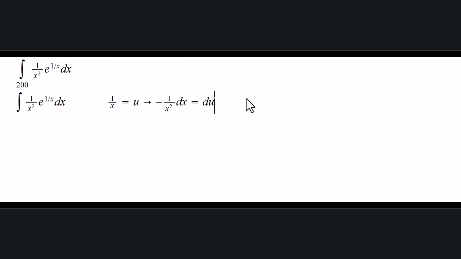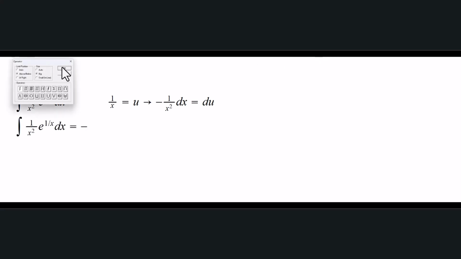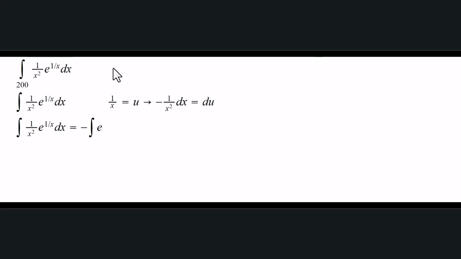So this quantity becomes negative the antiderivative of e to the u du, which is quite straightforward to obtain.